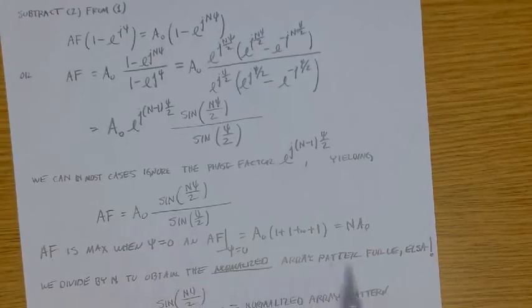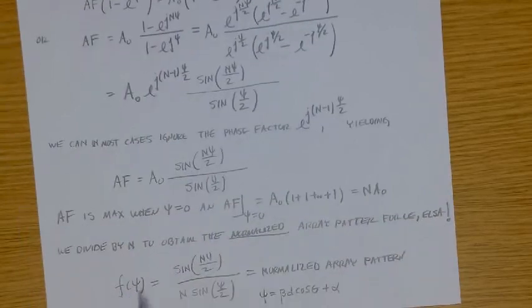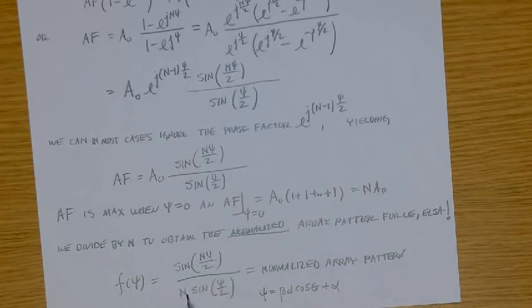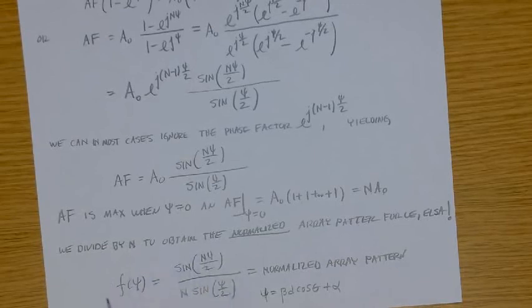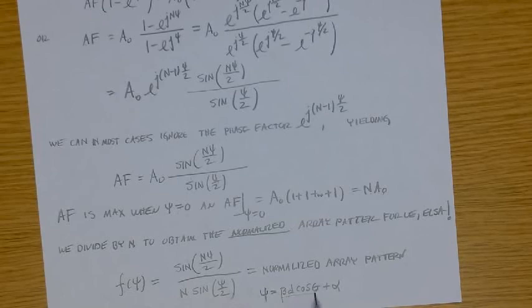So we can normalize this and we get finally our normalized array pattern, or our antenna pattern for the array. That puts an n down here in the denominator. So this is the function that we're going to study: sine n psi over 2 divided by n sine psi over 2, where psi is beta d cosine theta plus alpha.